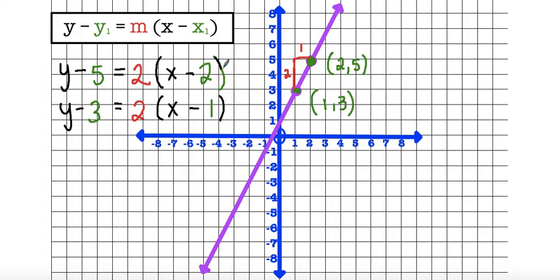Even though these look like two different equations, they both represent the line. For point-slope form, it could vary because it depends on which point we're using, but it's the same thing. So these two equations are equivalent because they're part of the same line.